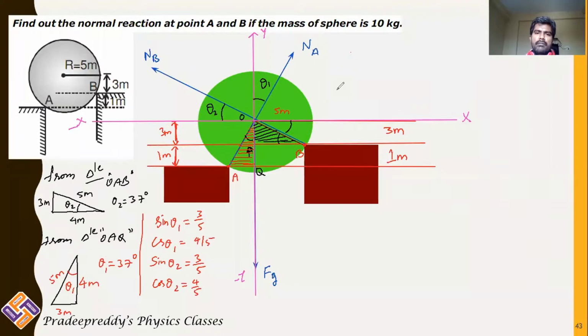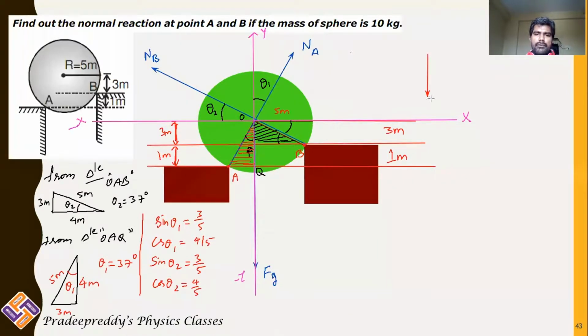Now I will resolve this NA and NB into components. Right? NA can be resolved into components. So let me draw those vectors separately in order to avoid confusions. I'll draw here.